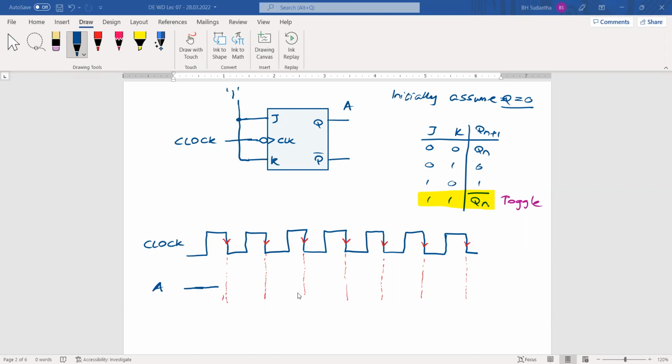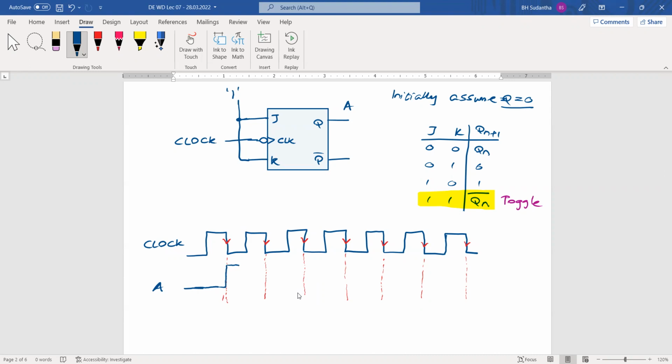Here, A remains at 0 until it receives the falling edge. At the falling edge, what is the next output value? It's Qn bar, where Qn means the previous one. It should be inverted, so it goes to 1 and remains there.